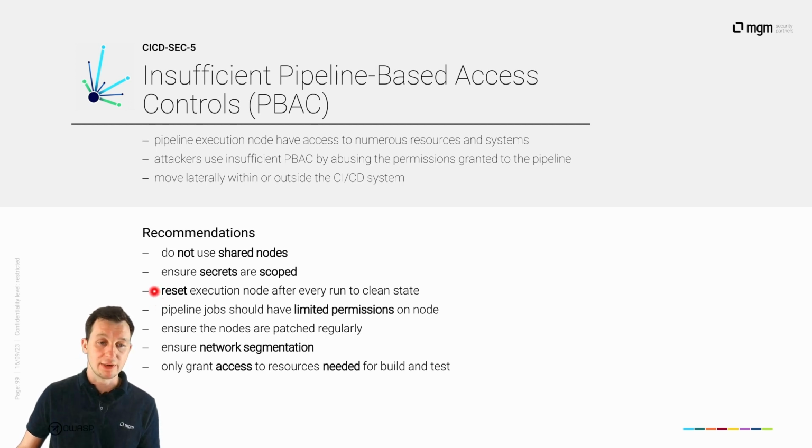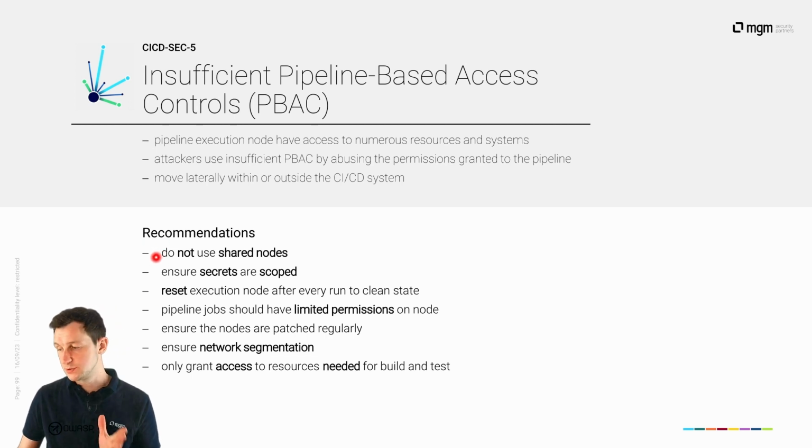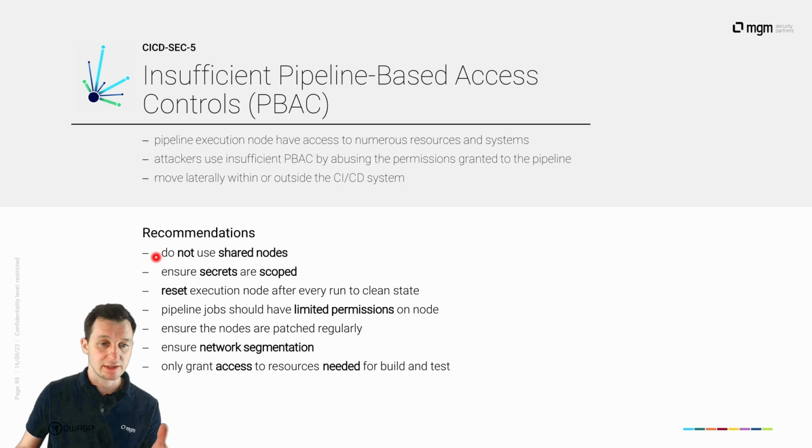And by not using shared nodes, you also could, for example, use Docker containers instead and then delete the Docker containers after the runs again. You should only run pipeline jobs with limited permissions on the node, so that they cannot create anything out of the scope of the node that is deleted after the execution.